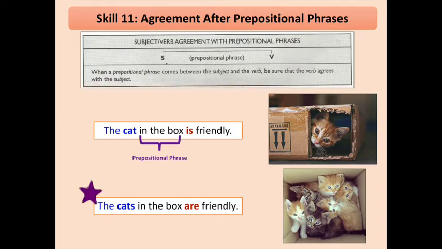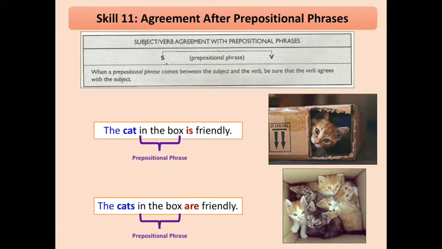In this sentence, the cats in the box are friendly. We have the same prepositional phrase, in the box. But now look, the subject is plural, cats. So the verb has to match the plural subject. In this sentence, our verb is are.